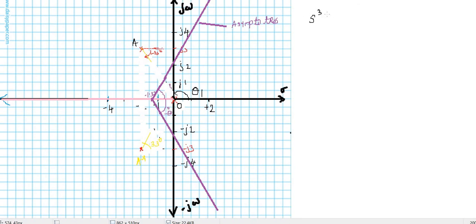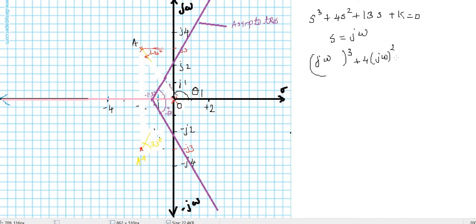So that is s cube plus 4s square plus 13s plus k equal to 0. Now s is equal to j omega. Substitute s equal to j omega. The equation will be j omega cube plus 4 into j omega square plus 13 j omega plus k equal to 0.